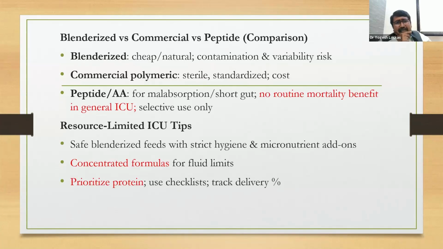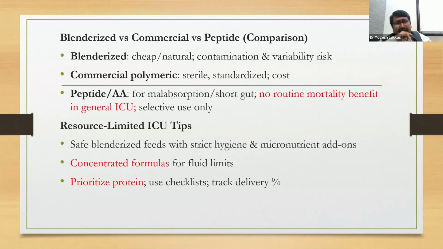Now, blenderized versus commercial versus peptide comparison. Blenderization is cheap and natural, but contamination risk can be there. Always use freshly prepared blenderized formulas so that contamination risk will be less. Commercial polymeric is sterile and standardized; cost will be the important factor here.